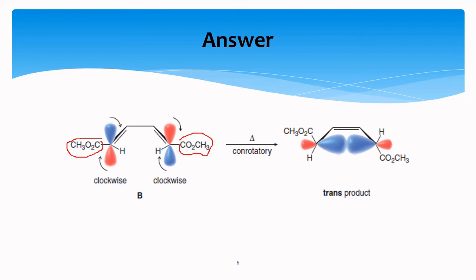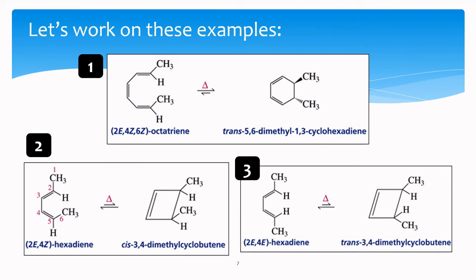So this is a thermal reaction and it has an even number of pi bonds, and then it undergoes a conrotatory fashion, and finally this one will go down and this one will go up, and it will give you a trans product. Okay, there are 3 examples here. Let us work on this example.